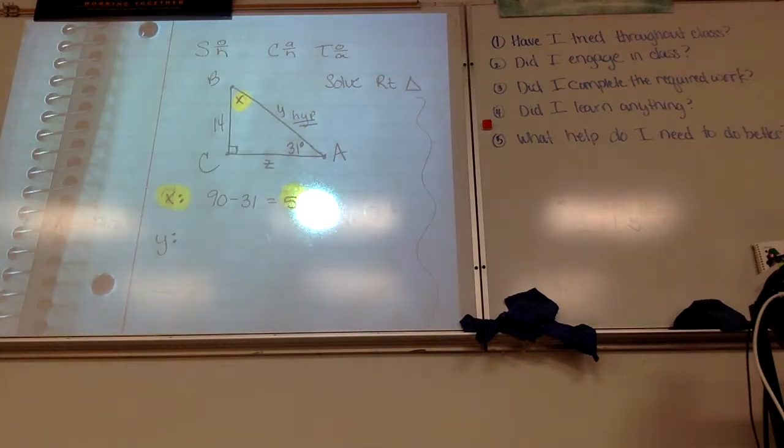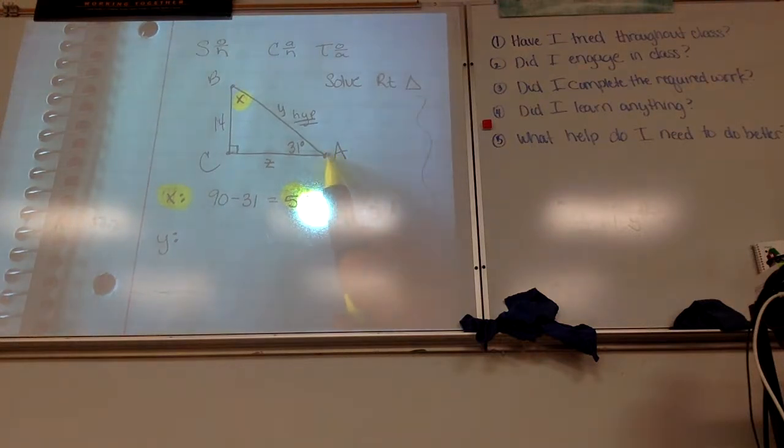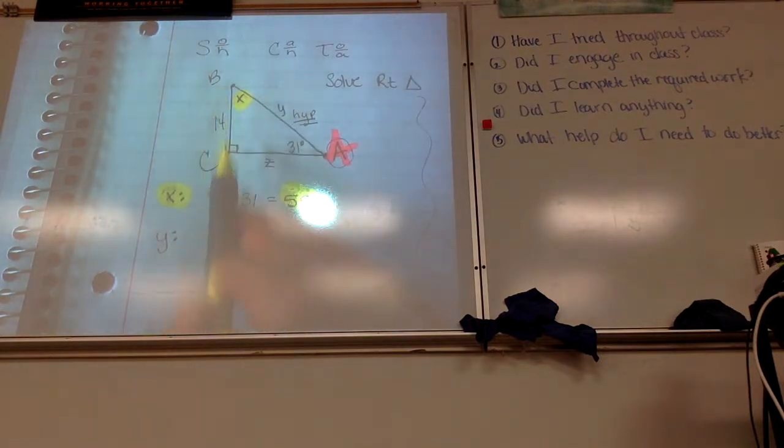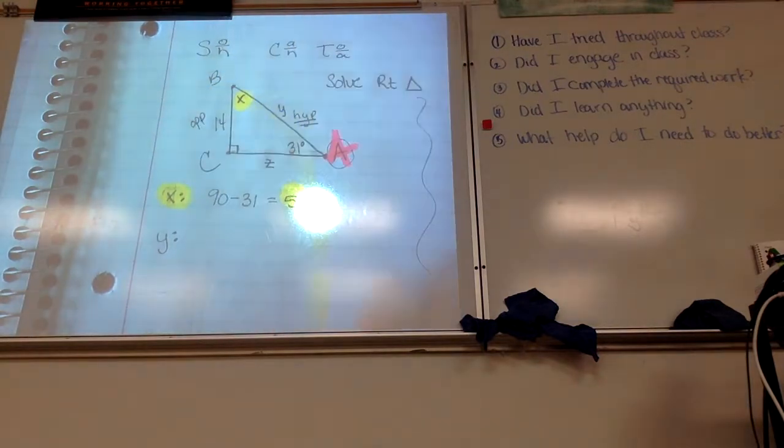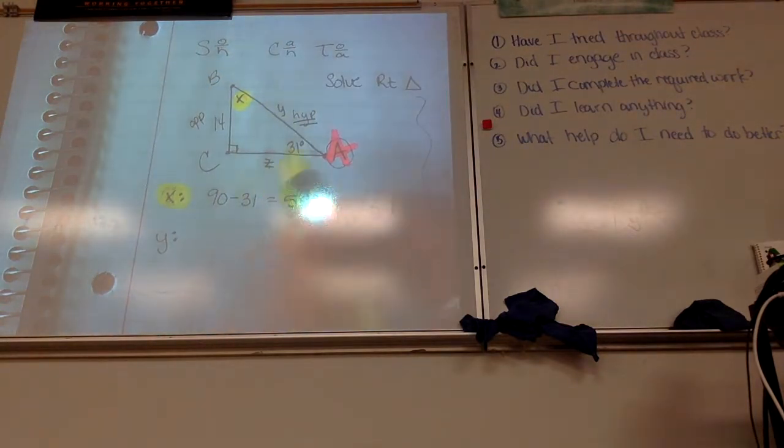Before I can figure out if it's adjacent or opposite, I need to know where I'm standing. Where should I be placing myself? Do you think I should be at the A or the B? Sure. It doesn't matter. But I'm going to stand at the A. So if I'm here at this letter, and you can circle it instead of highlight it if you prefer, what does that make the 14 be? Is that the opposite or adjacent? And then that makes the Z adjacent then.